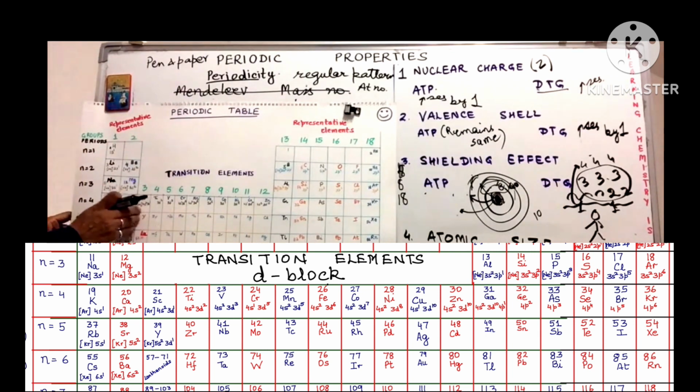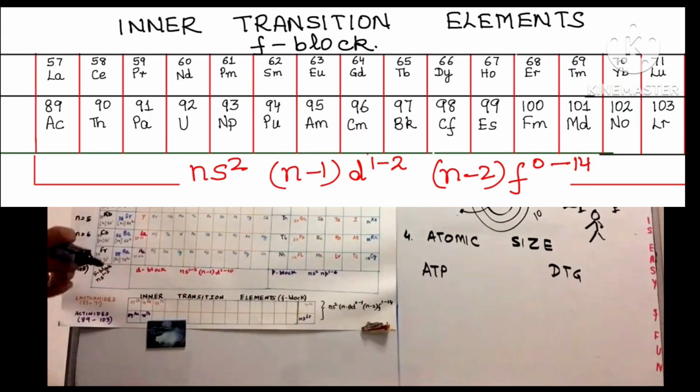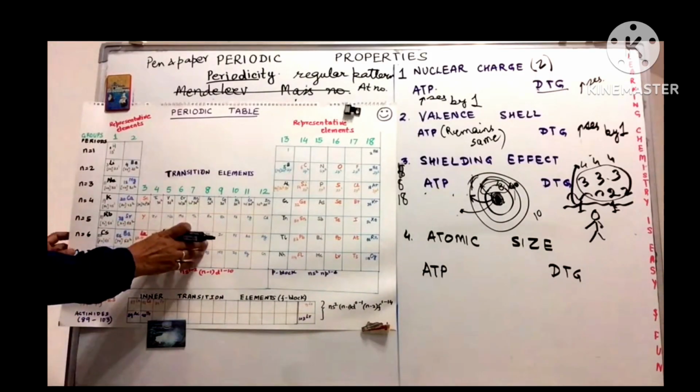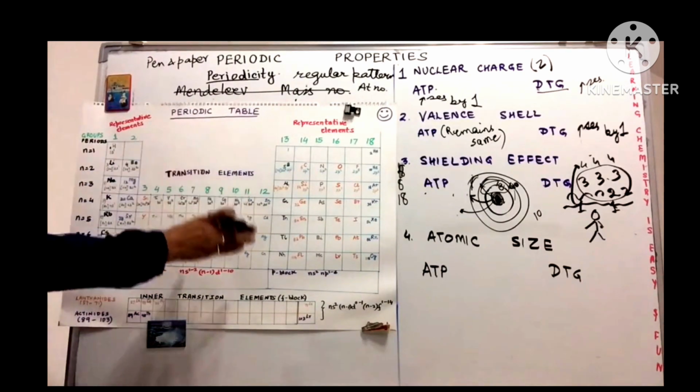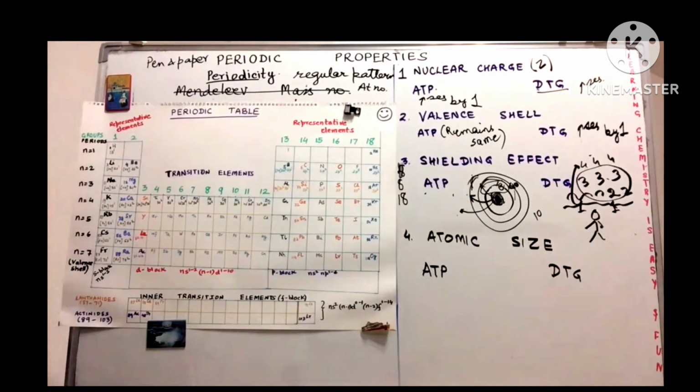On the other hand, in the case of the D block, because the electrons are being added to the inner shell, as well as the F block where they are being added to the antipenultimate shell, the shielding effect is much more. So keep this in mind when we talk about the next property, the atomic size.